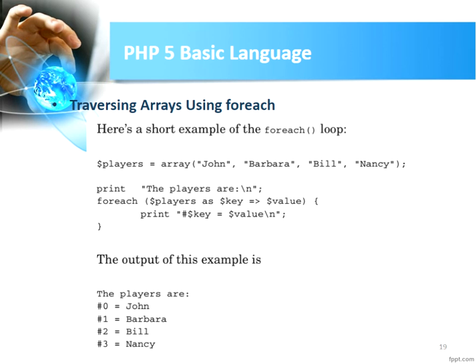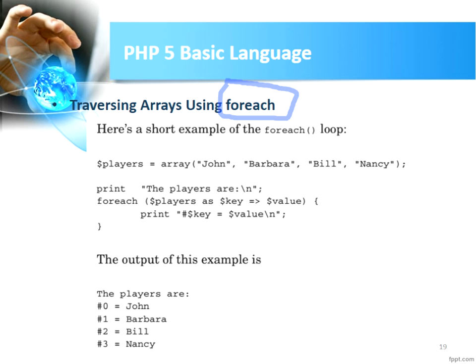Okay, let's move now to traversing arrays using foreach. So here we will discuss how we can use foreach. Let's suppose that we have an array and our array is players. In this array we have 4 players.